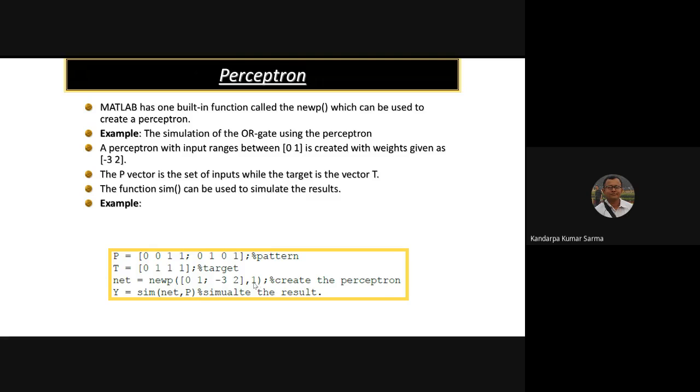So there is one point where the response will be generated. So now y is equal to sim(net, p), which will be simulating the result.